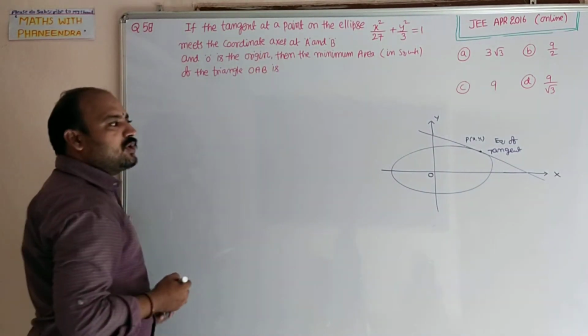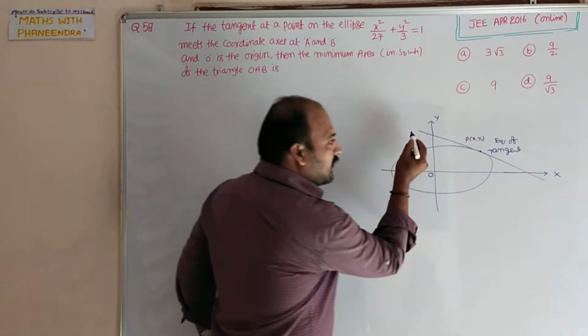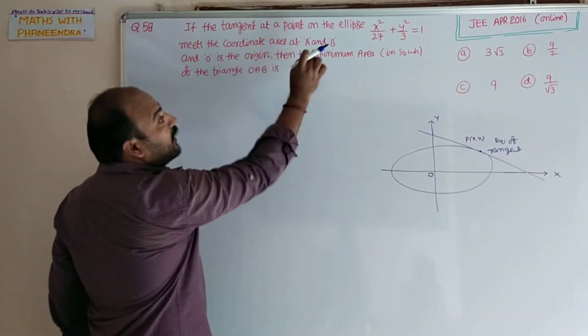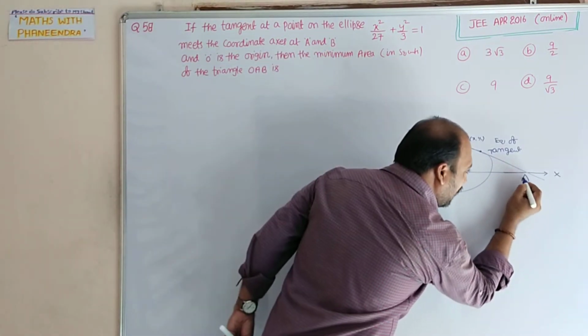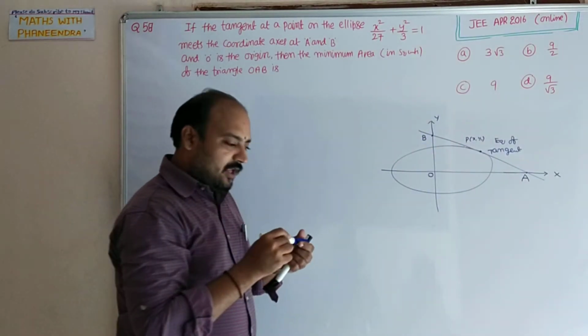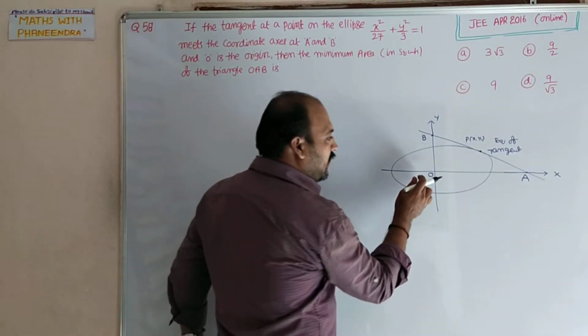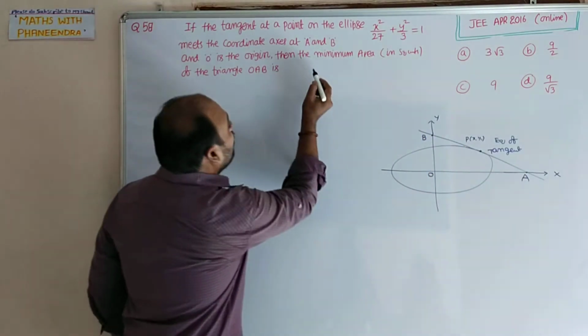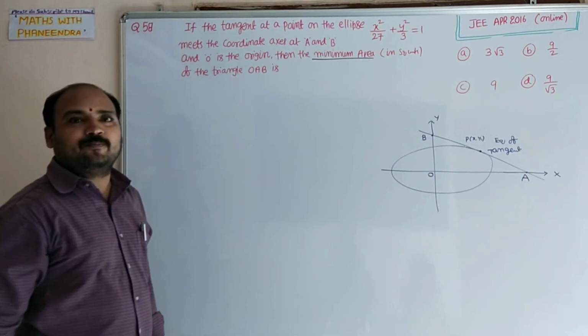This tangent cuts the coordinate axes at A and B. So they are asking the required area of triangle OAB, the minimum area.